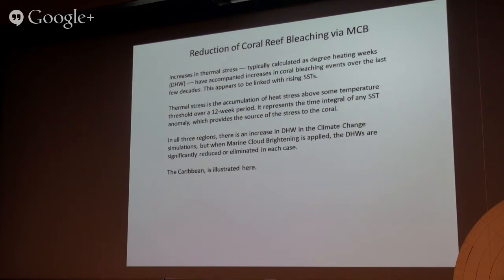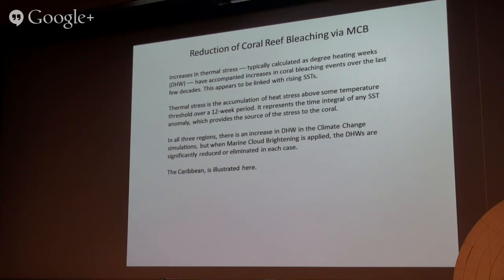I think this is a particularly interesting and really different application of SRM than anything else we're talking about, because it's directly to benefit ecosystems that are extremely stressed right now and could be done at a scale that is smaller than the scale that would impact the global climate system.